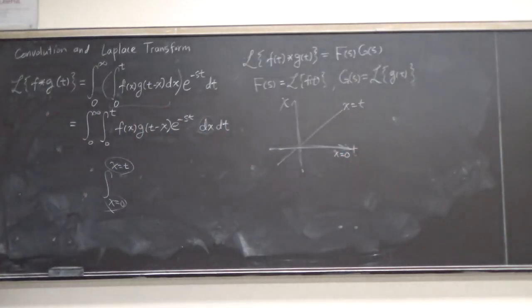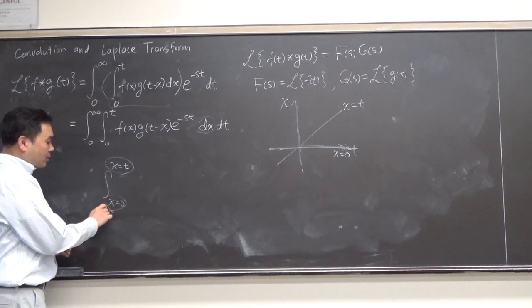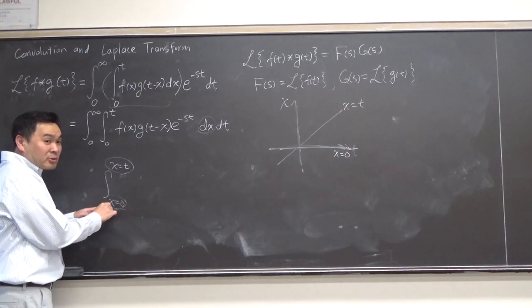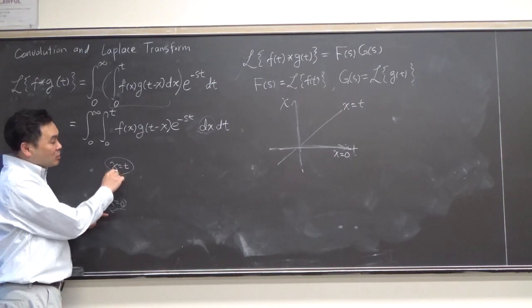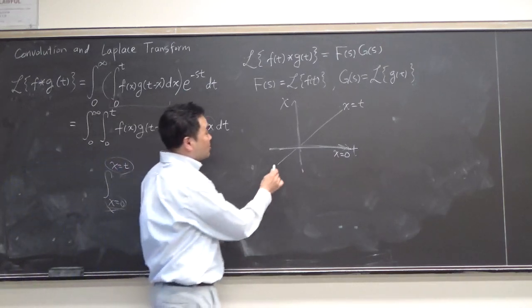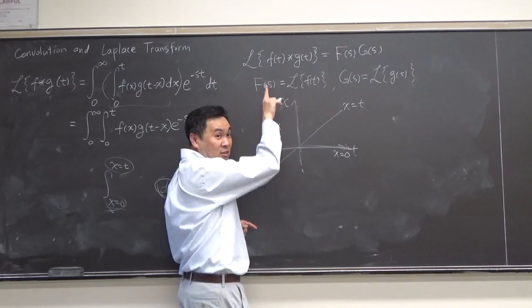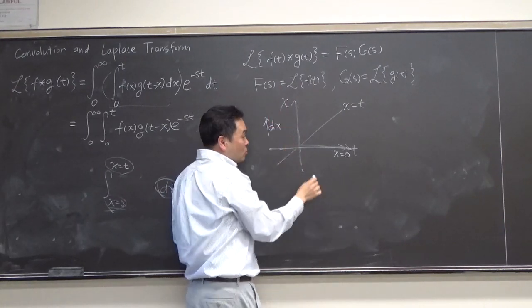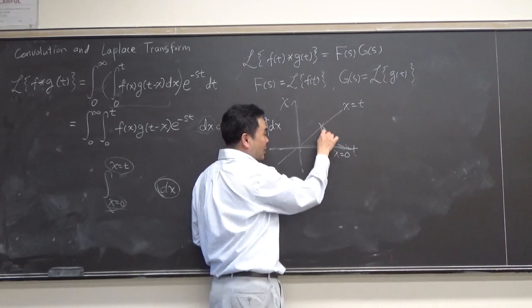Okay? And the way you interpret this is you start from a point on this line, and you end up at a point on this line with increments in the direction of dx. So your dx would be going this way. x is this way, so increasing in dx means that way, right? So you start from a point here, and you arrive at this point, and you're adding them as you do that.